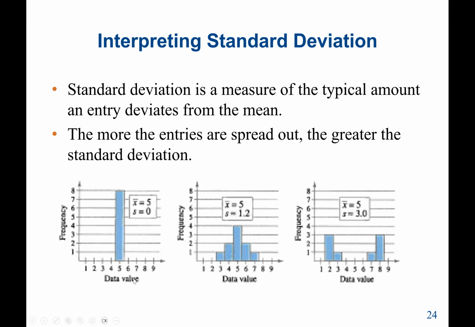All the values are 5. So we can see here the standard deviation is 0. Now we can see here the data a little bit spread in a normal distribution. Standard deviation is 1.2. But when it's widely spread, we can see the standard deviation go up to 3.0.